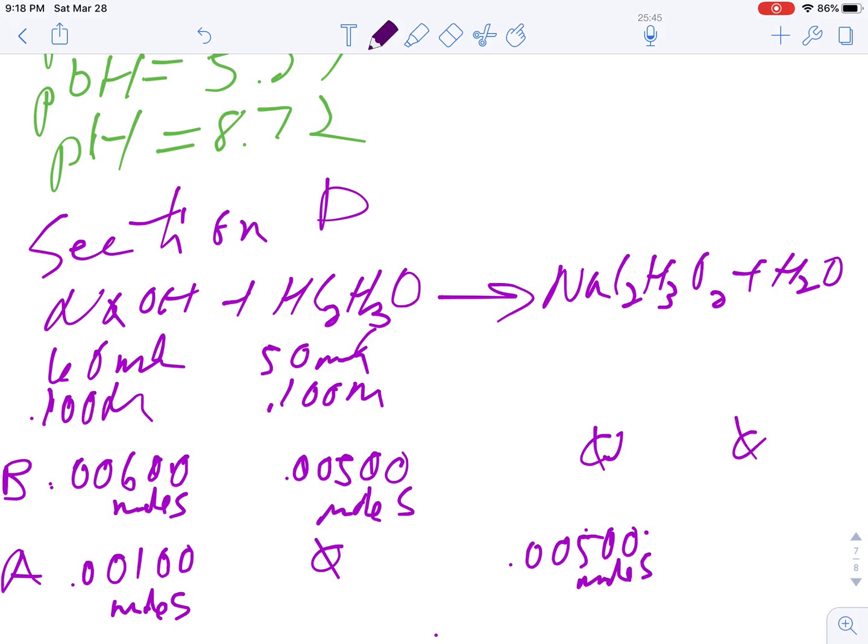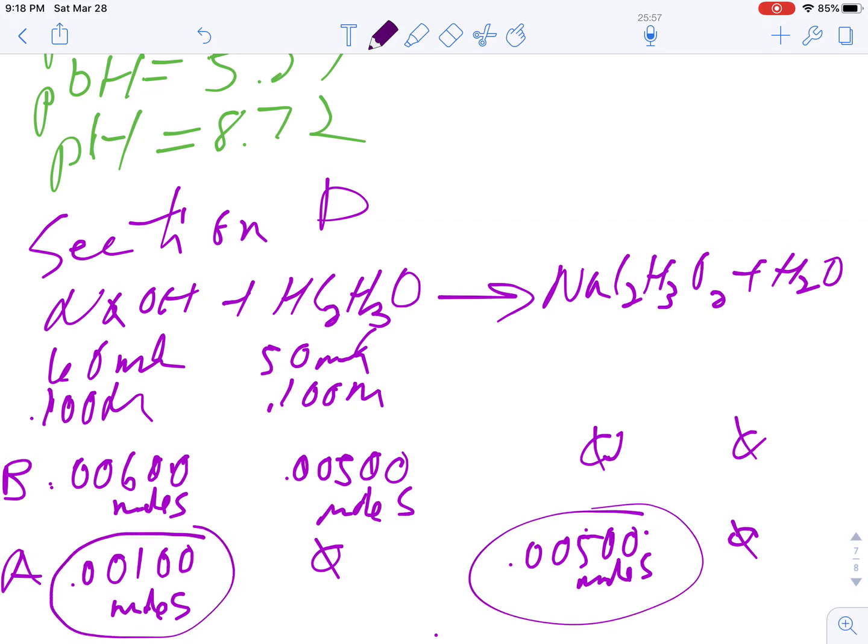Now, if you go back in your problem sets from chapter 14, I had you do this problem. What is left is you have a strong base and you have a weak base. The salt is going to produce a weak base. If you have a strong base and a weak base, the weak base doesn't matter because it doesn't break apart 100%.